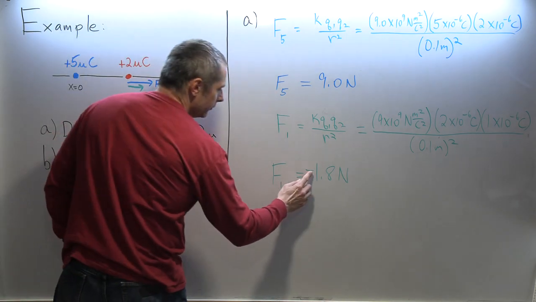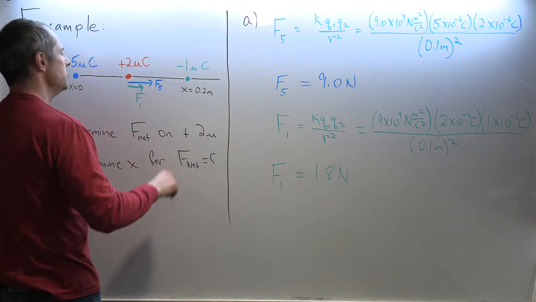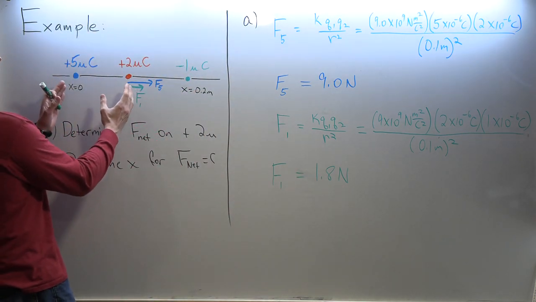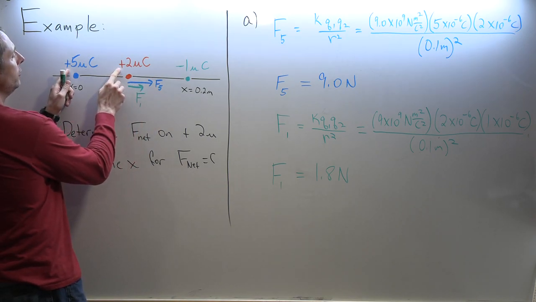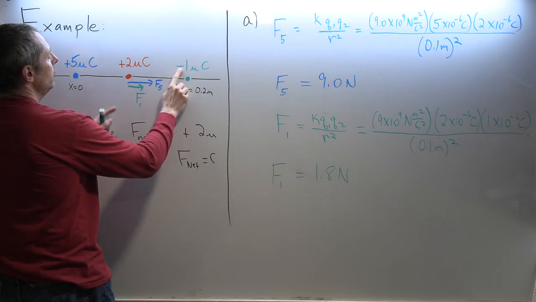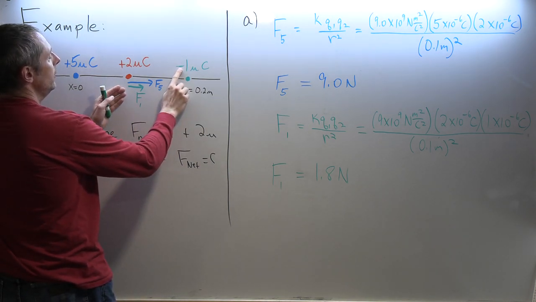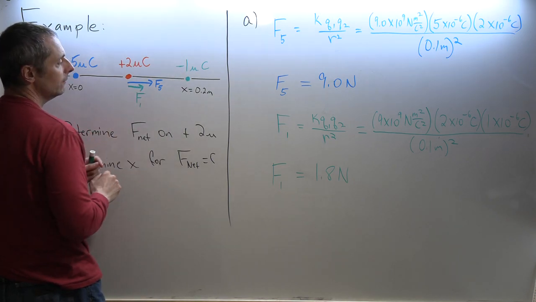So I recommend never putting the minus signs into the equations. They're more to figure out whether this arrow points to the right. Because they're both positive, it points to the right. This negative tells me that since this is positive, this force also points to the right, attracting here.